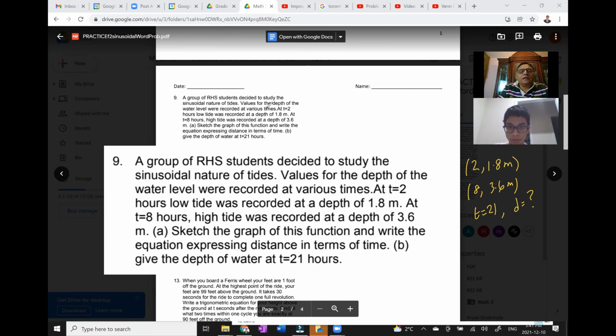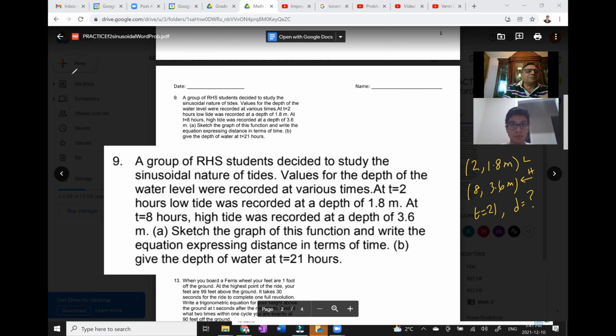So let's review the situation. The values of the depth of water level were recorded at various times. At t equals 2 hours, low tide was recorded at a depth of 1.8 meters. At t equals 8, high tide was recorded. So this is high tide, and that is the low tide, the lowest point.